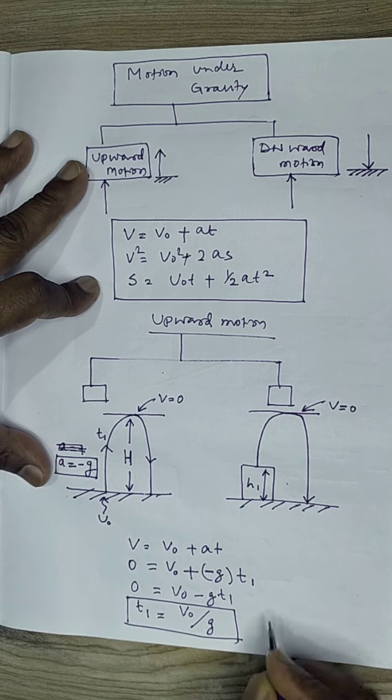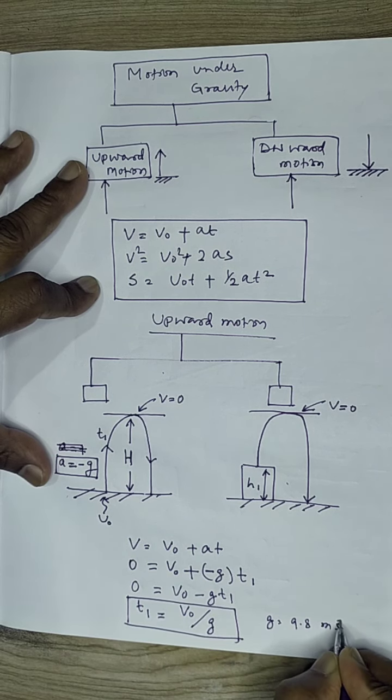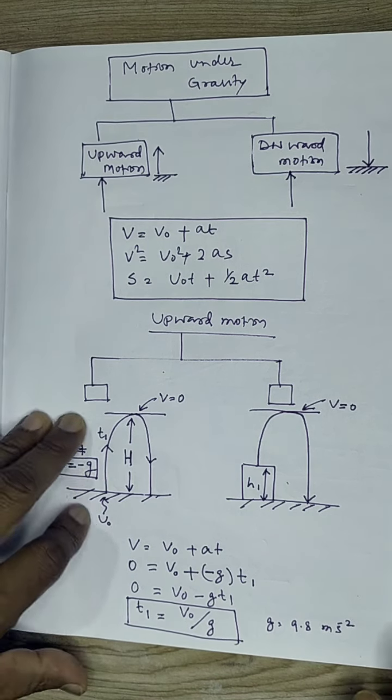The value of g is 9.8 meter per second square, the acceleration due to gravity.